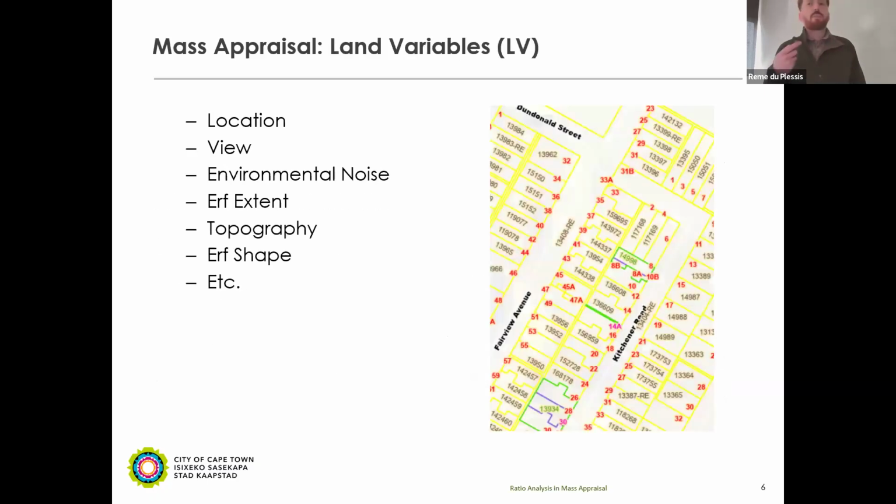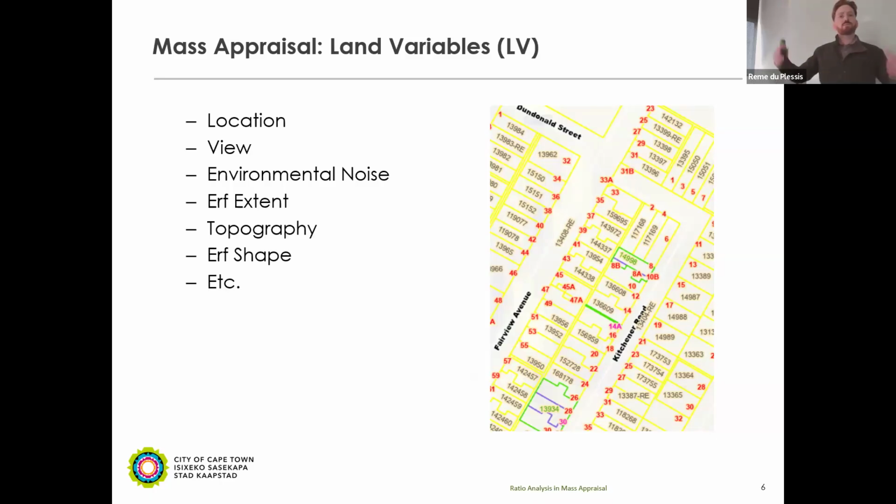So with your land variables, this takes into account anything that has to do with the placement or the land on which your property is based. So location is one of our most important drivers of value in the Cape Town market. And then we also look at what is the view from your property.